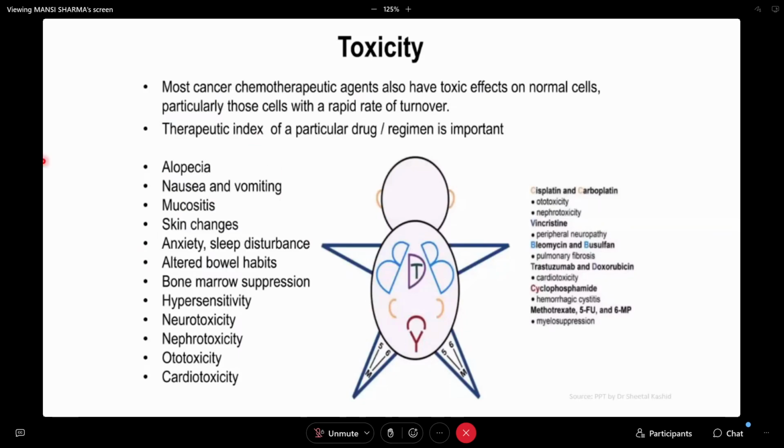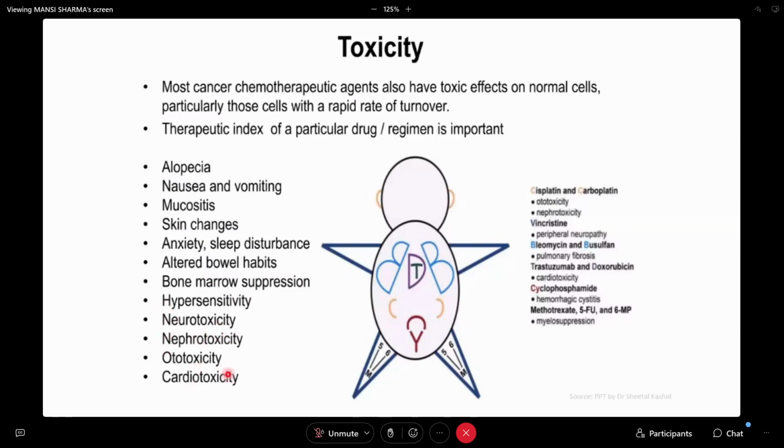So these drugs can cause these toxicities: alopecia, nausea, vomiting, mucositis, skin changes, anxiety, sleep disturbance, altered bowel habits, bone marrow suppression, hypersensitivity, which is very, very important when it comes to platinum agents, which are the backbone of head and neck cancer chemotherapy. Neurotoxicity, nephrotoxicity, ototoxicity.